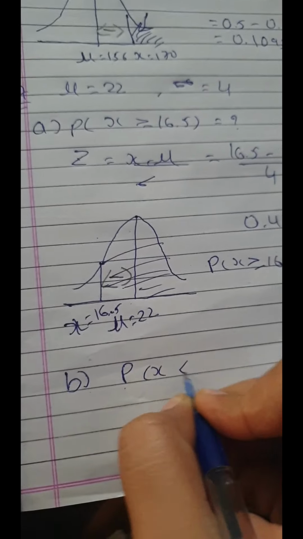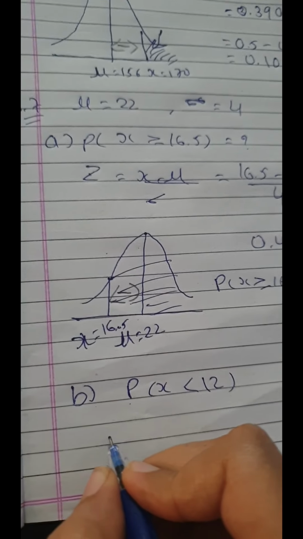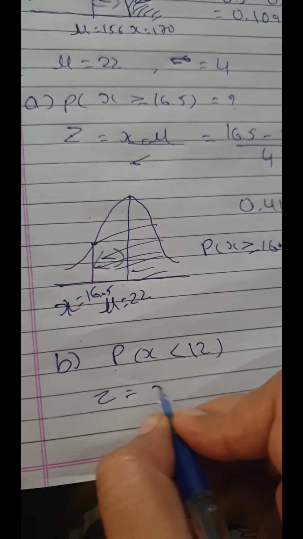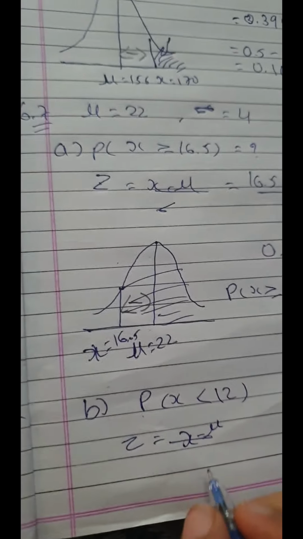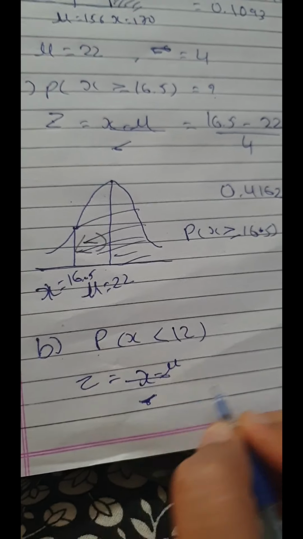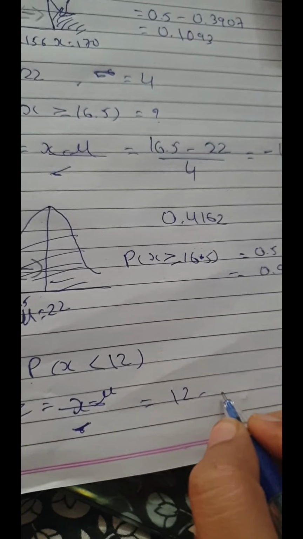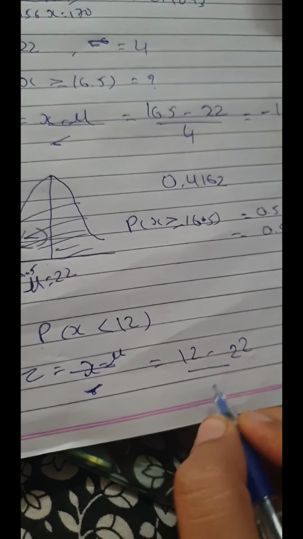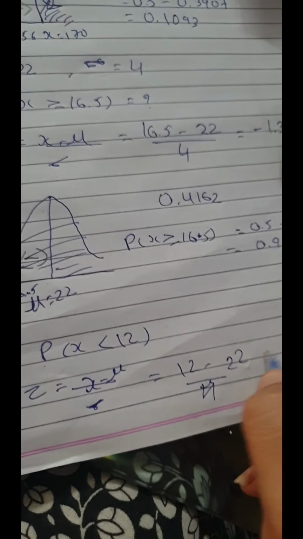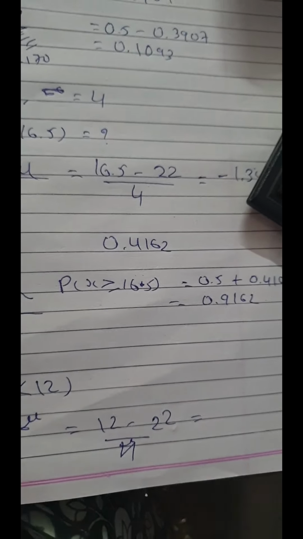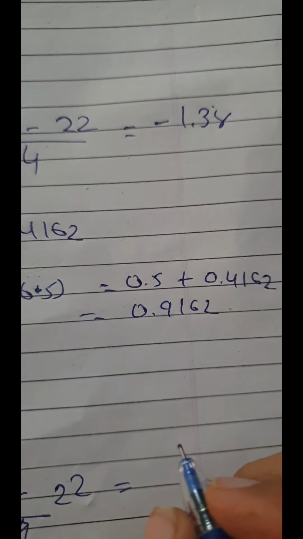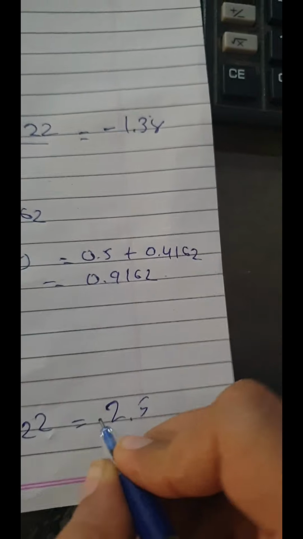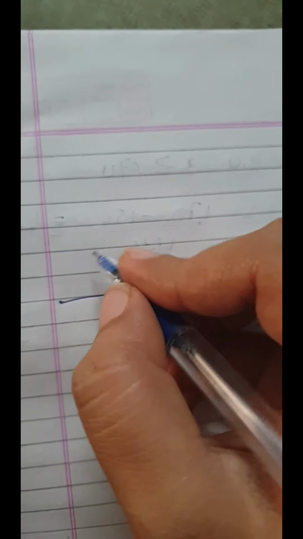Second, what is the probability that clear height is less than 12 feet? P of X less than 12. So Z equals X minus mu upon standard deviation, 12 minus 22 upon 4. So minus 2.5.